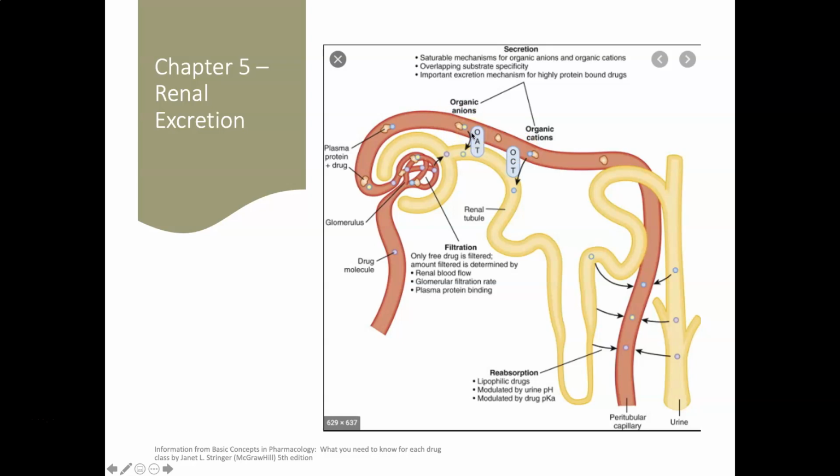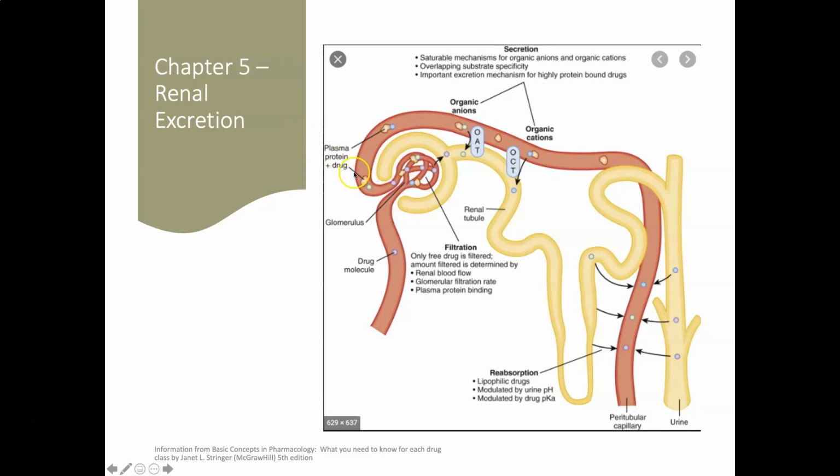in the proximal tubular section, and it's secreted out. This is especially important if it's a highly protein-bound drug. It's secreted at this point into the renal tubule. So if it's a big molecule, it's going to get pulled out through the filtration process.